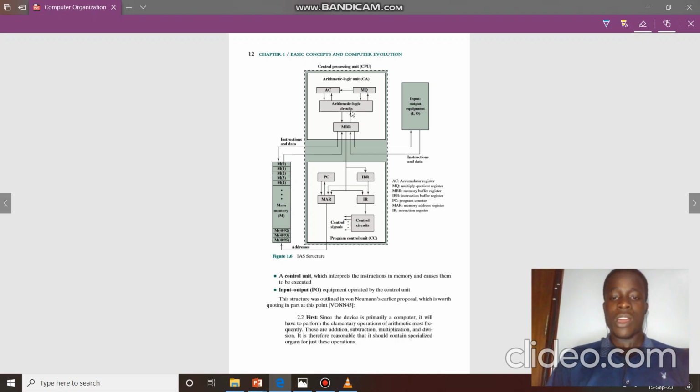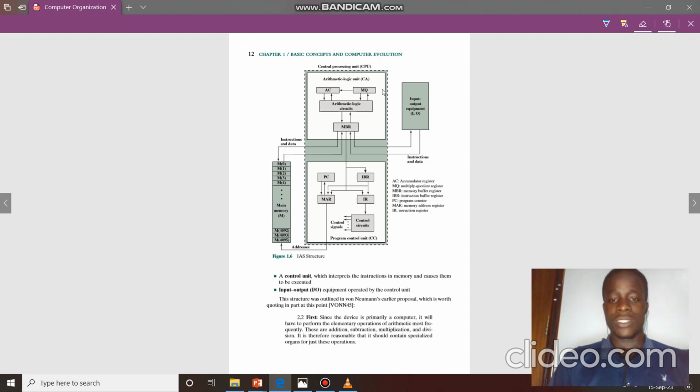It is then taken to the arithmetic logic circuit. The arithmetic logic unit performs arithmetic and logic operations with the help of the data register and the multiplier quotient register.